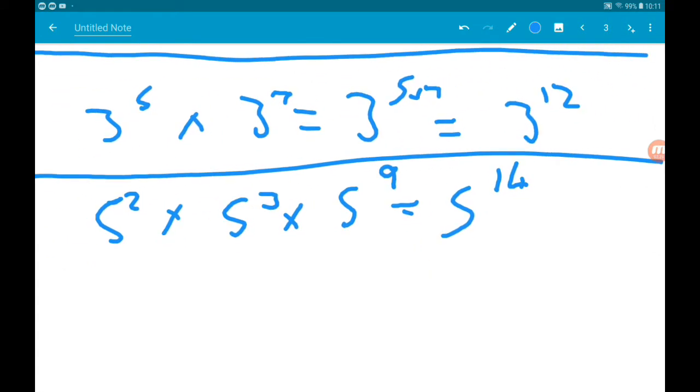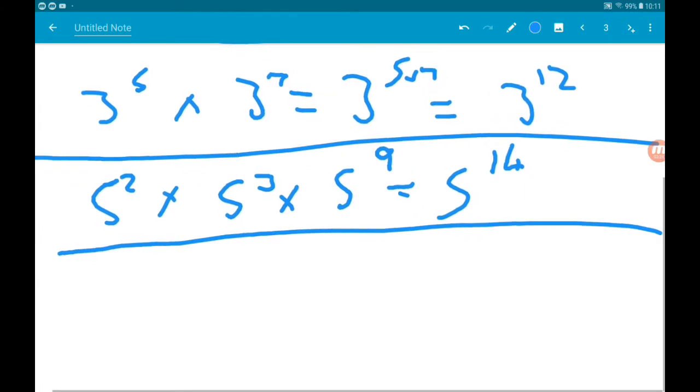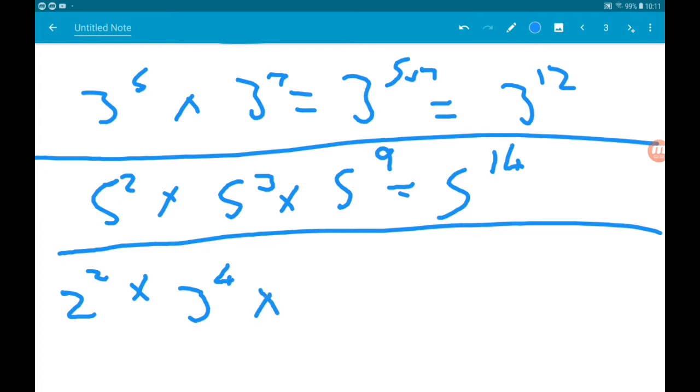Let's say that we had something like 2 squared times 3 to the power 4 times 2 to the power 7 times 3 to the power 4.